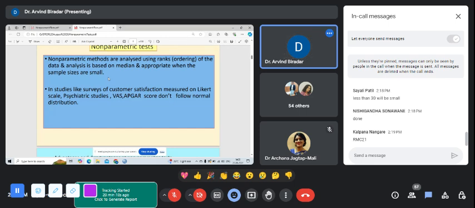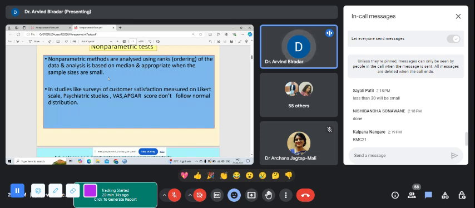APGAR. This is also one tool, and it is also a symbol. A means appearance, skin color and all these things. P means pulse, heart rate. G, reflexes, grimace.